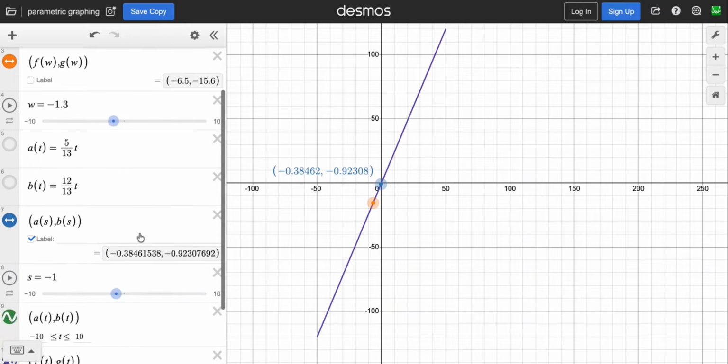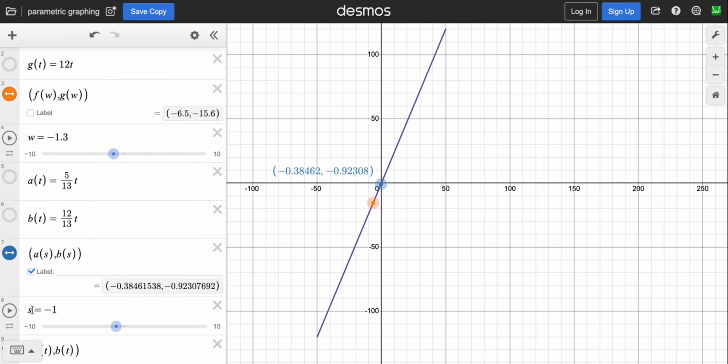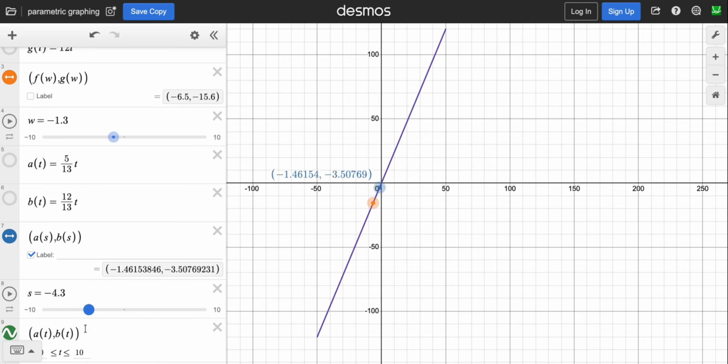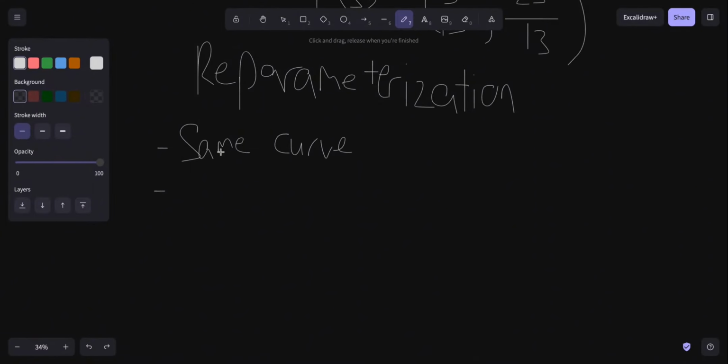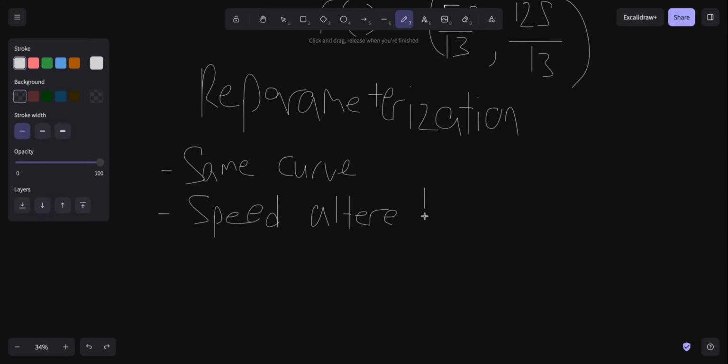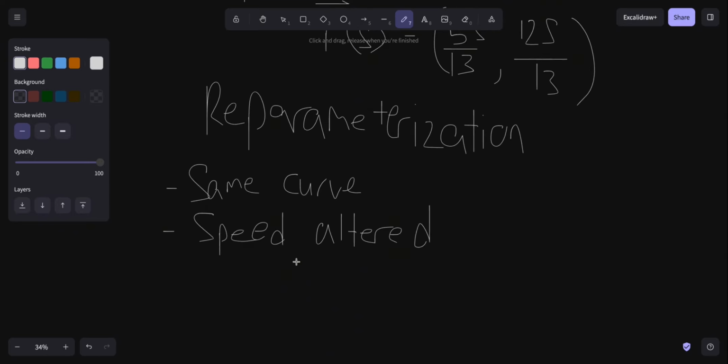However, if I reparameterize the function in terms of the distance that it travels, notice how it goes way slower, right? And so with reparameterization, you can get the same curve, but chances are that the speed is going to be altered. The speed at which your curve is traced out is going to be altered a bit.